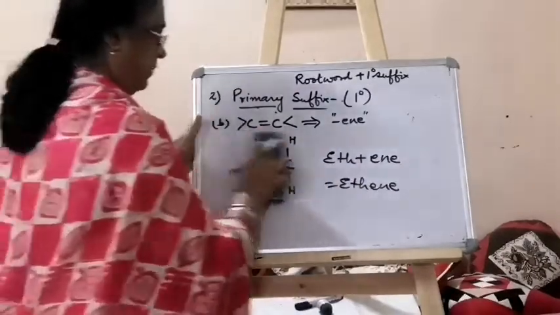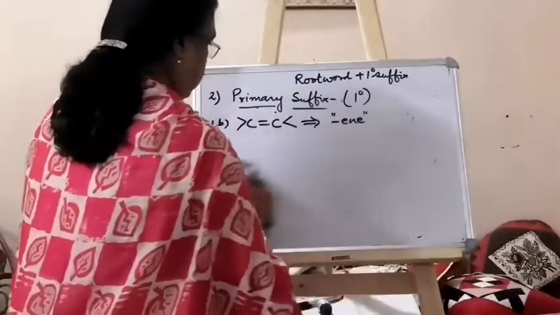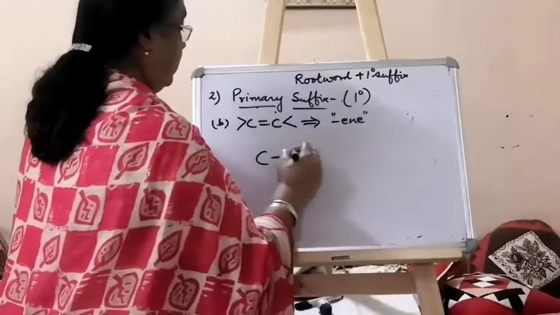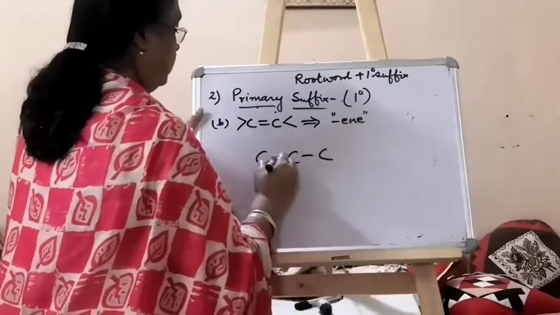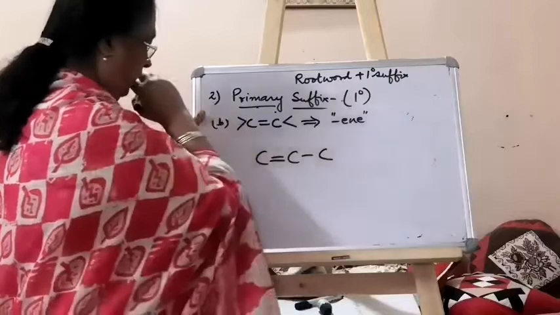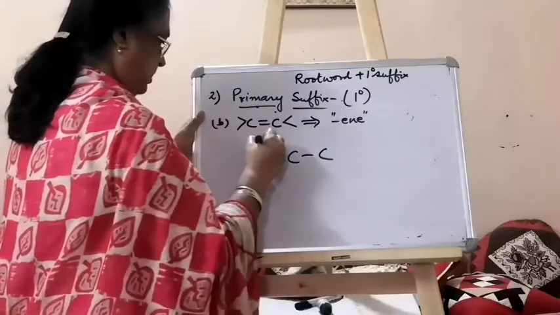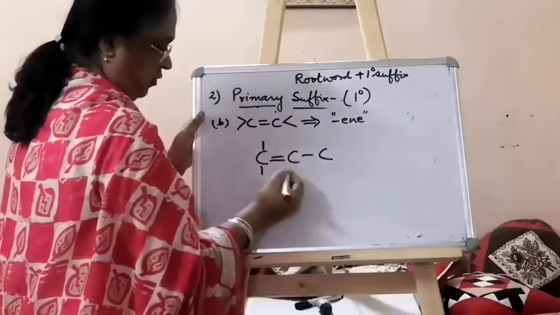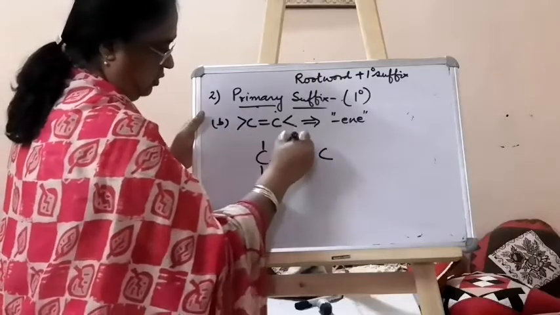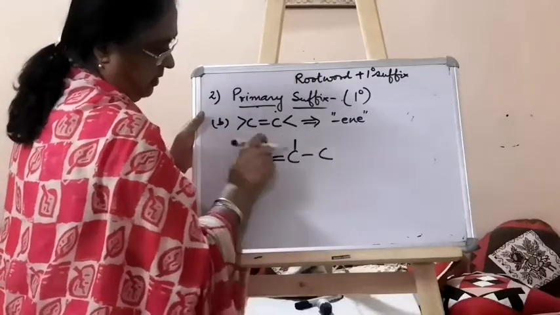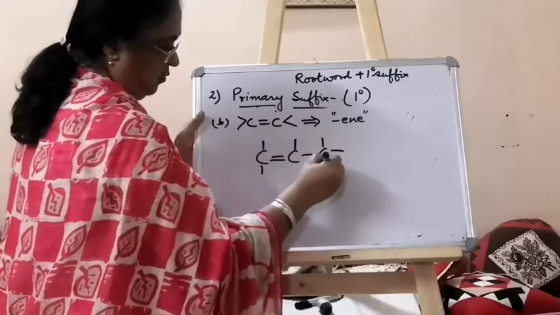Then another example I give to you. Suppose you have 3 carbons and you have a double bond here. Then this carbon has 1, 2, 3, 4. This carbon 1, 2, 3. So 1 more. This carbon with 1. So we will have 3 more.